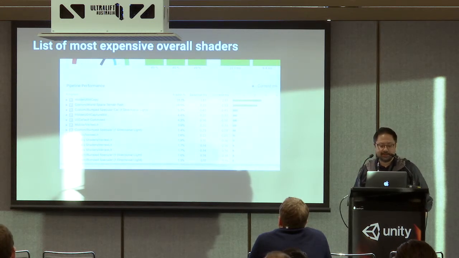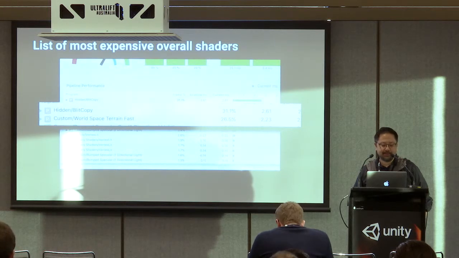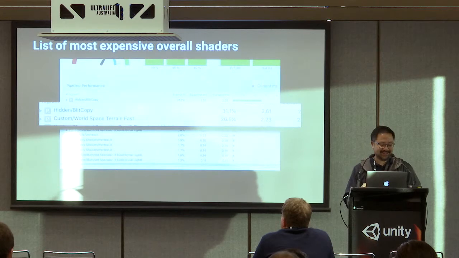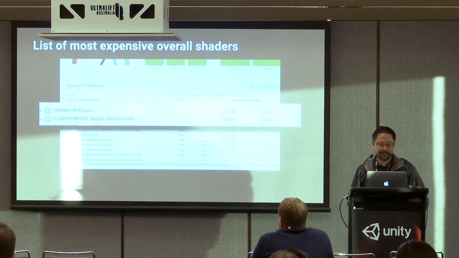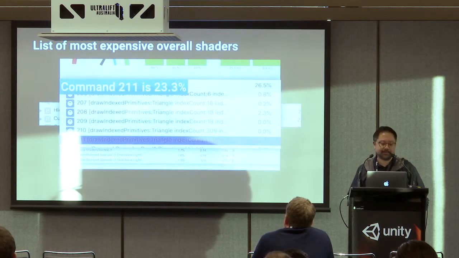So we'll analyze the most expensive ones: Blit Copy and World Space Terrain Fast. Let's ignore Blit Copy for now because it's not relevant at this time. We're going to open up World Space Terrain Fast, and it's going to list all the commands that are using that shader.